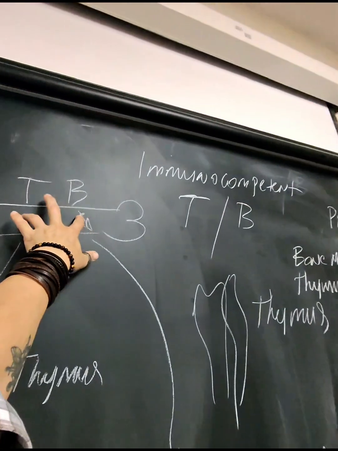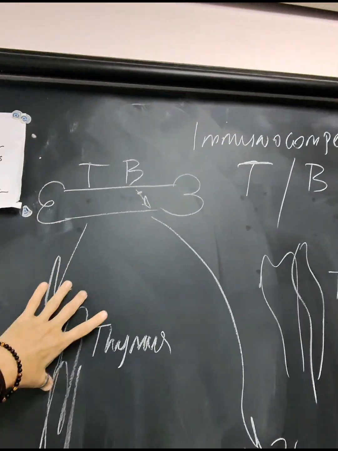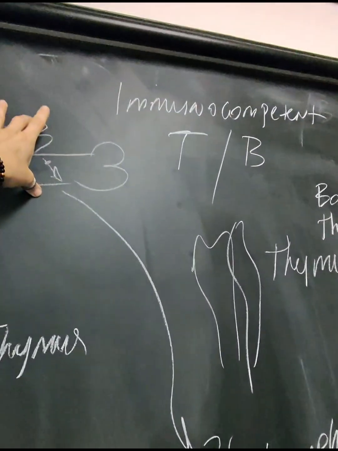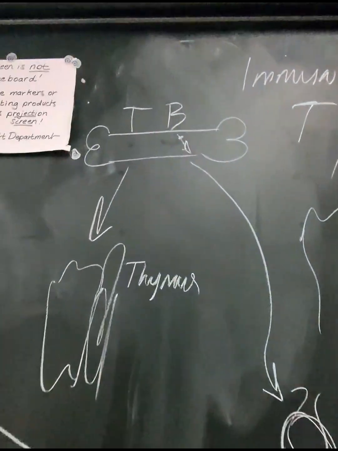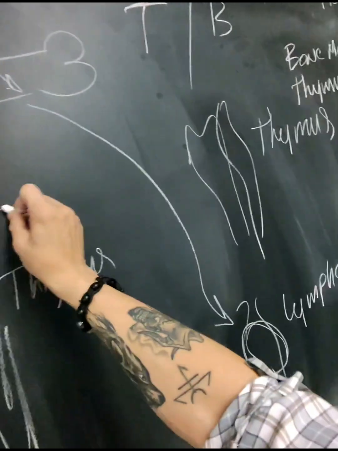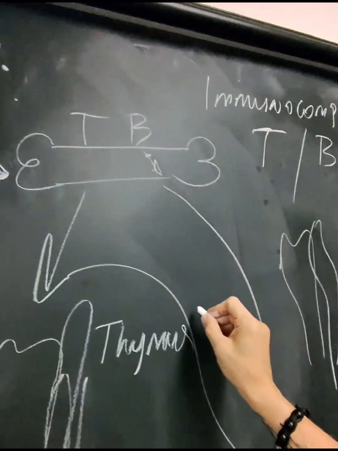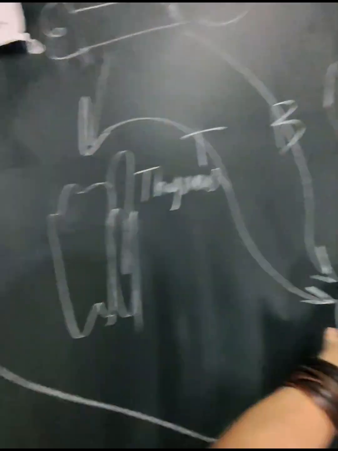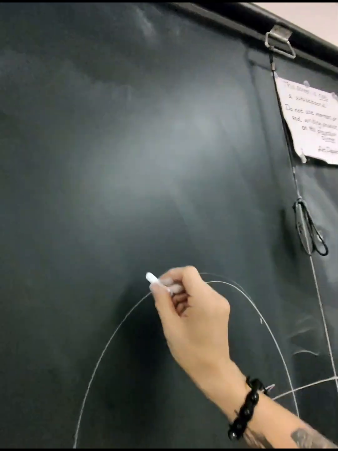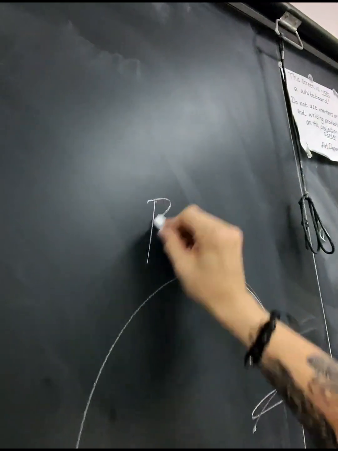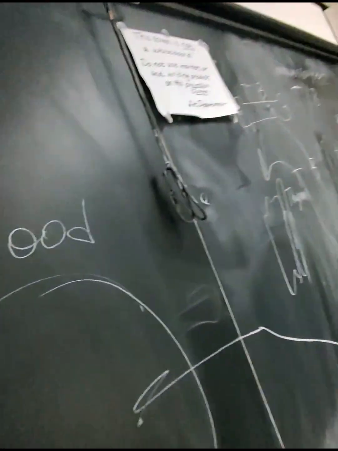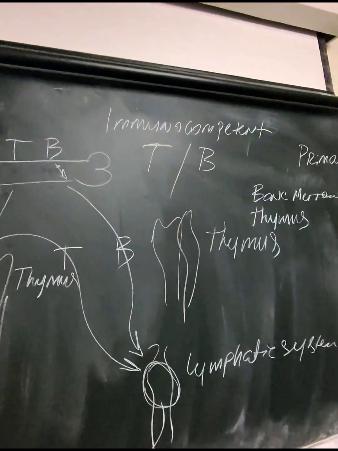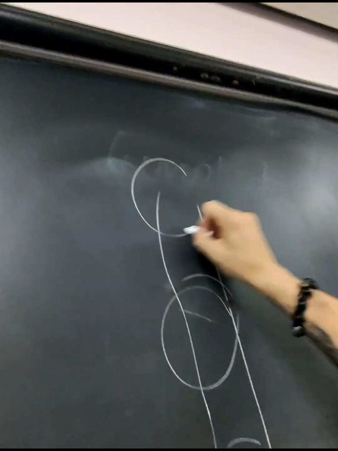T cells and B cells are made in bone, T cells mature in the thymus, B cells mature in the bone. Both of them will end up in the lymphatic system, and then eventually they will end up in your circulatory system, basically in blood. So now you see when lymph is moving through these nodes, checkpoints.